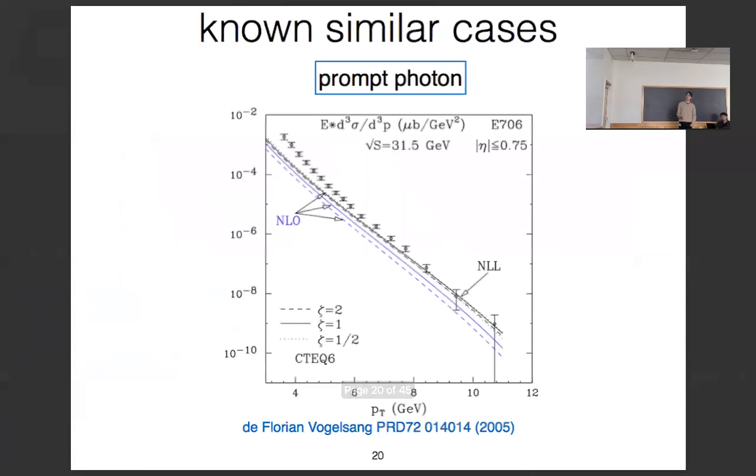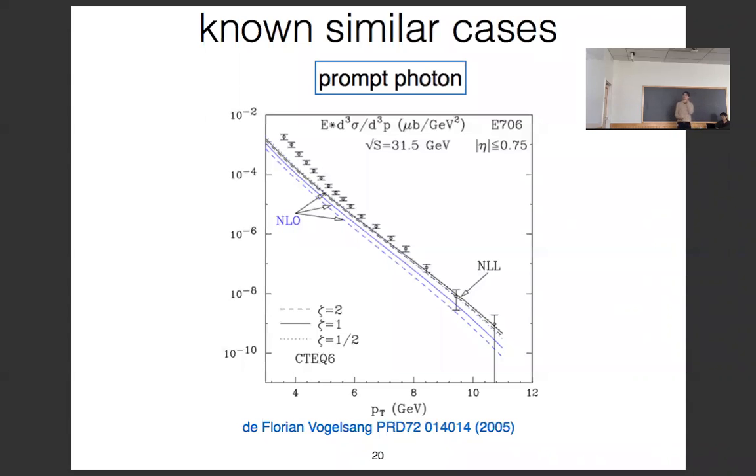And another similar case is the prompt photon cross section. In this case, the problems were seen also in a Fermilab experiment, but the situation is somehow inconclusive because it seems that this is almost the only experiment which shows such a huge discrepancy.